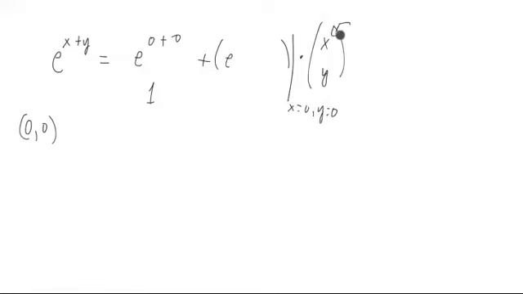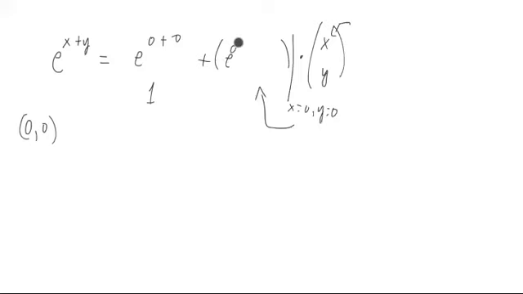So really, we don't plug in 0, 0 for the x and y that appear in the Taylor series. We only plug x equals 0 and y equals 0 into this part, the matrix.